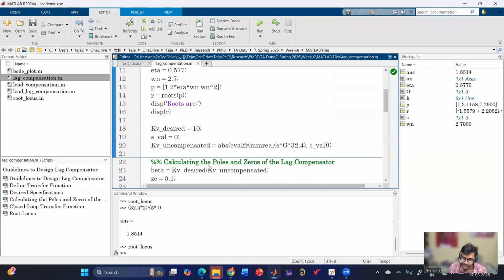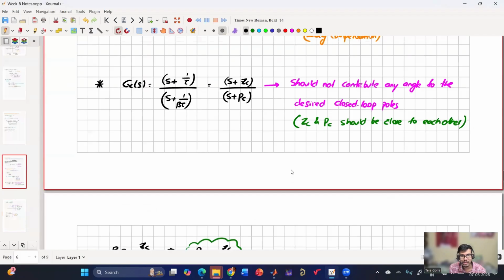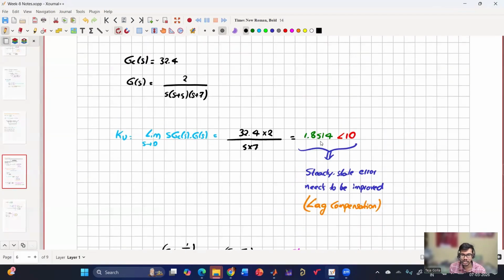Once the root locus is satisfied with the given k, I have seen that 10 is the desired KV, and the uncompensated KV can be obtained by s into G at that 32.4. Whatever value we get is for the uncompensated, which is 1.8514.